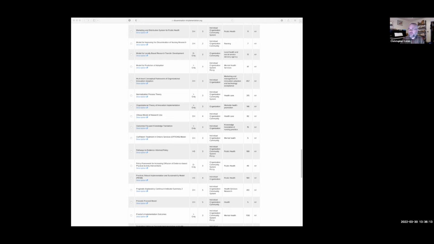Some important points I want to make about these models, though. Keep in mind that every framework is a simplification or a reduction of a complex real world, right? And so we'll always leave potentially important ideas out. I often hear, both among my students as well as with professionals and faculty and policymakers and researchers, that a model has a problem because it leaves out something, doesn't account for X idea, or whatever is of interest to me.